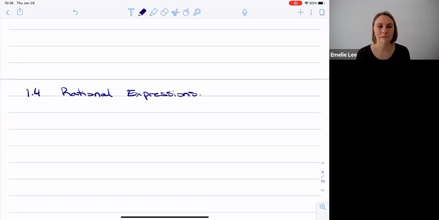Yeah, so the homework for 1.5, you'll definitely have to use the quadratic to find the real solutions. So you'll get practice there as well.